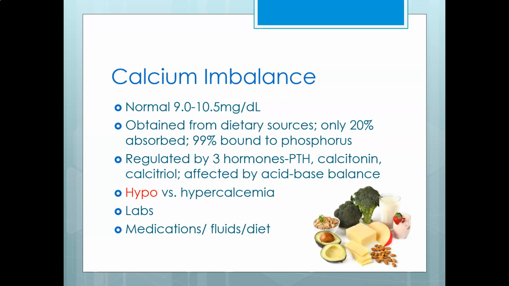So therefore, you want to ask about recent surgeries, whether it be orthopedic, thyroid surgeries, or other surgeries of the upper to middle chest. Chronic hypokalemia can lead to skeletal changes, such as a decrease in calcium caused by loss of bone density and osteoporosis. With this being said, the bones are less dense and more brittle.